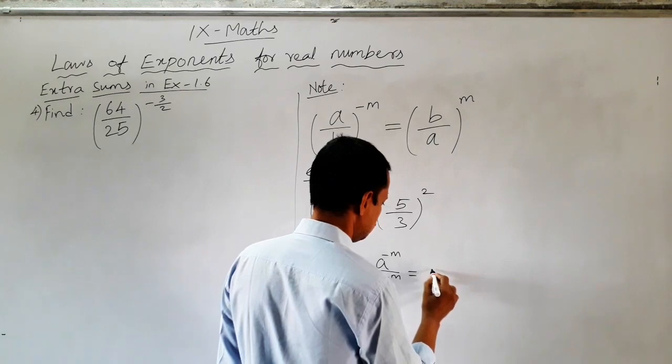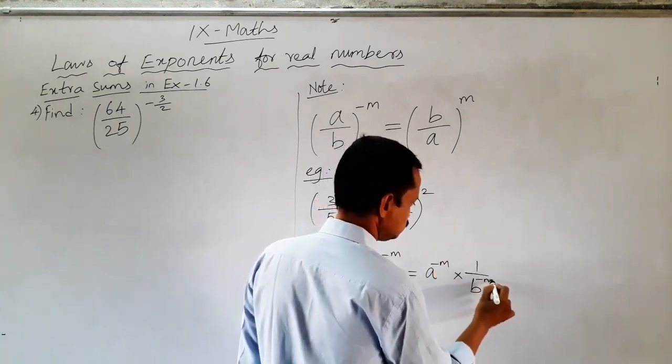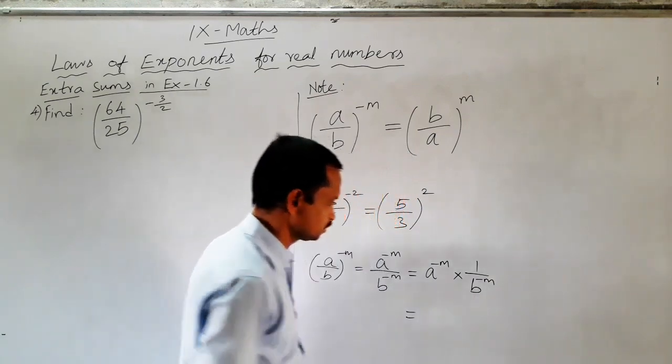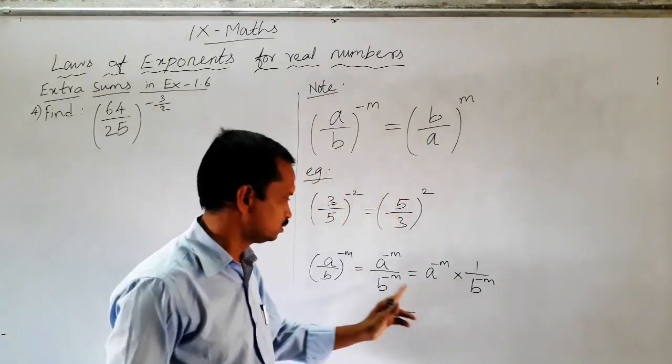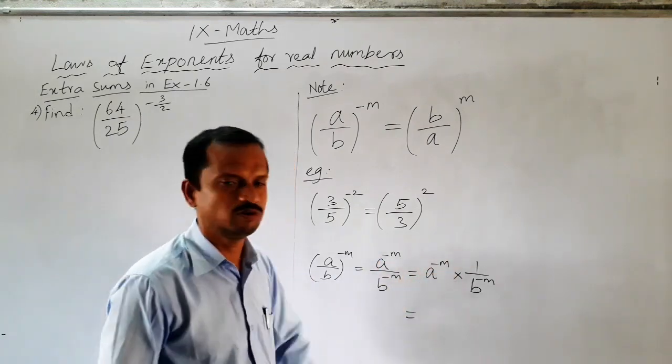Simply, if you write a power minus m into 1 by b power minus m, can you understand what I am writing? I have just split the numerator and denominator: a power minus m into 1 by b power minus m.